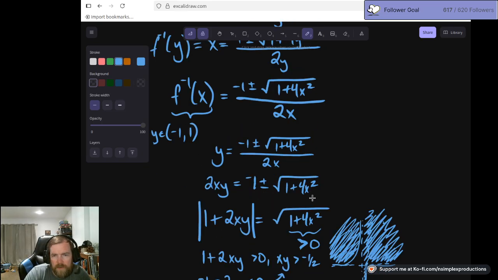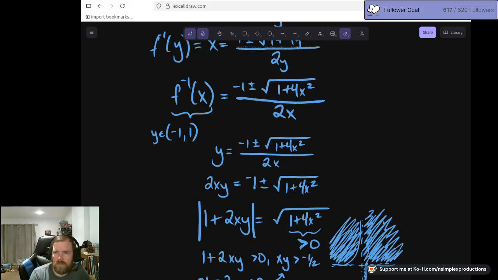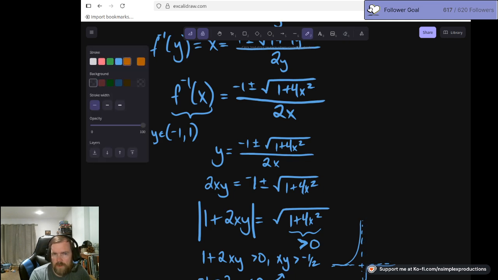Well, y is only going to go from negative 1 to 1. Unless these are two completely different charts and have nothing to do with each other.